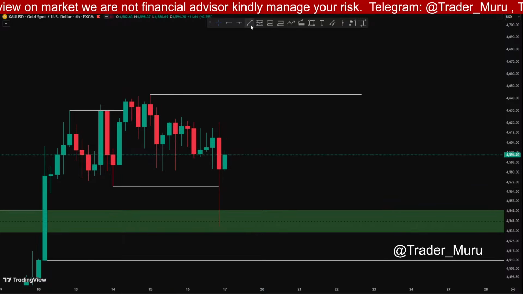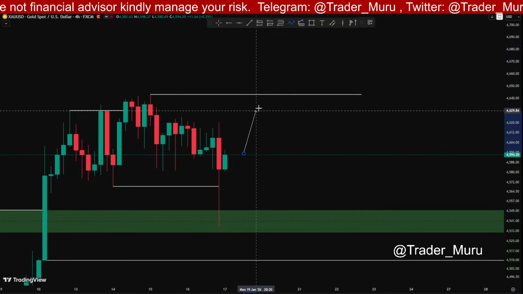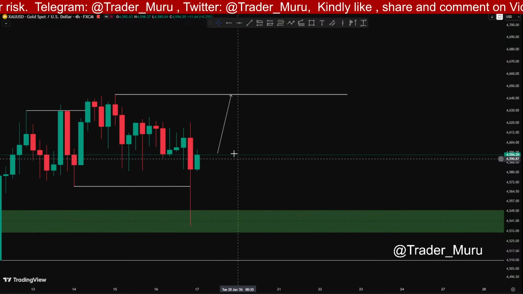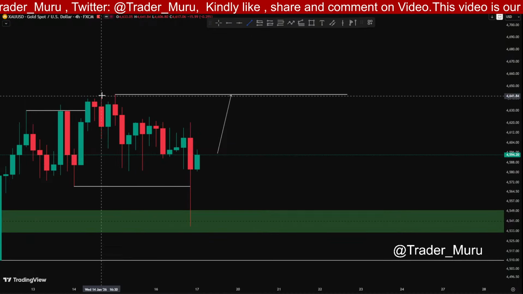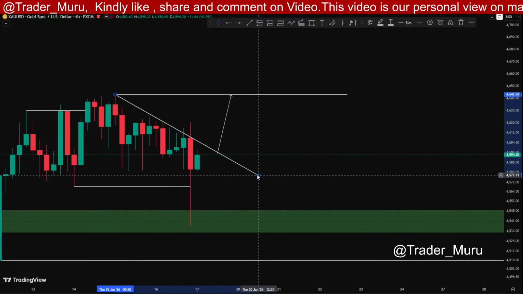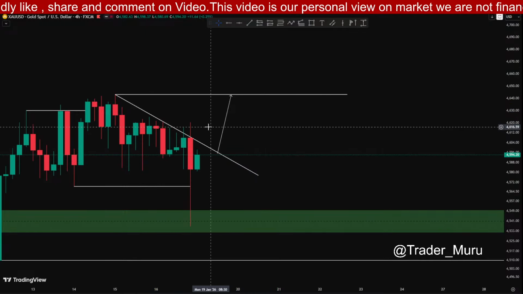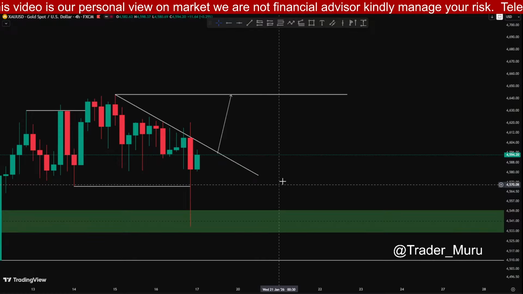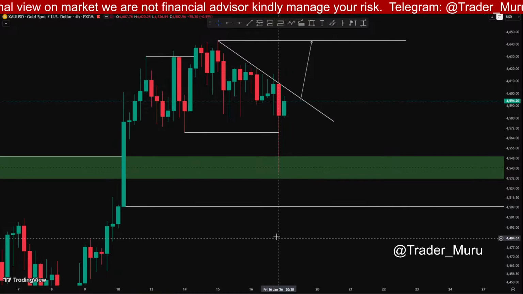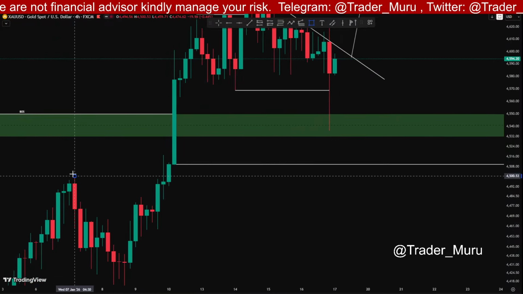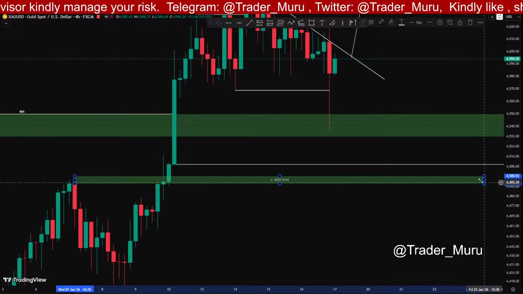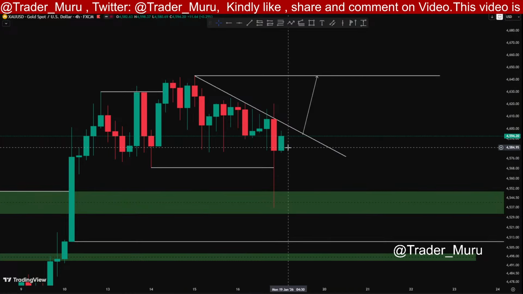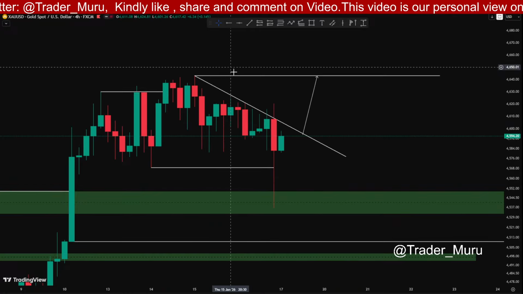According to the 4 hour, price should pump to this zone here, but first we have this trend line running. Price should break above this trend line and retest it to gain momentum, else it will again drop and target another structural level which is around 4500 here. So we will be watching this trend line first and then the structure.